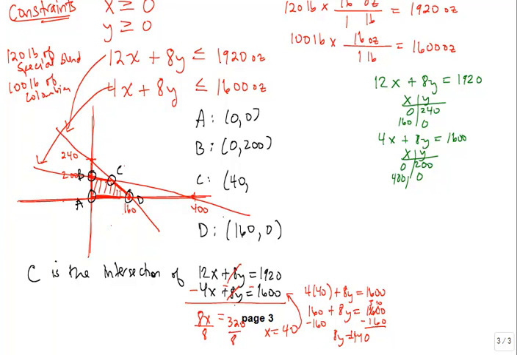So this is 1440. Let me just write it a little bit neater here so we can see. So 1600 minus 160 is 1440. If you divide both sides by 8, you end up getting 180. So the y coordinate of this intersection point is 180. So that was a tricky one to find because we had to do a little bit of solving of this system.